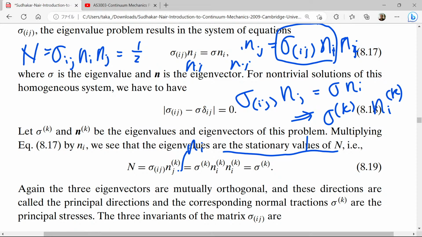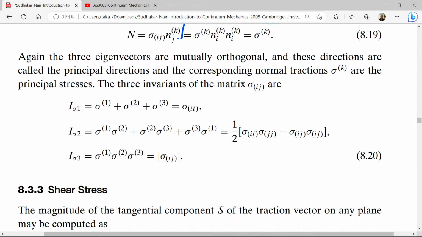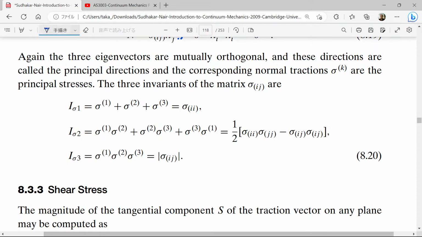Again, the 3 eigenvectors are mutually orthogonal, and these directions are called principal directions, and corresponding normal tractions are the principal stresses. The 3 invariants of matrix sigma ij are something like this. So sure, you have some plane, right? Then you have normal n.